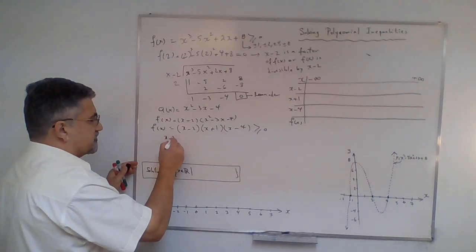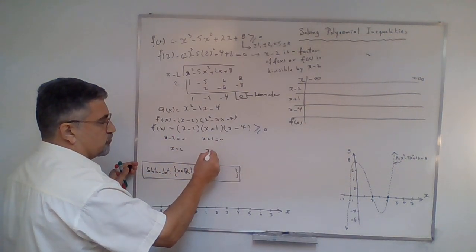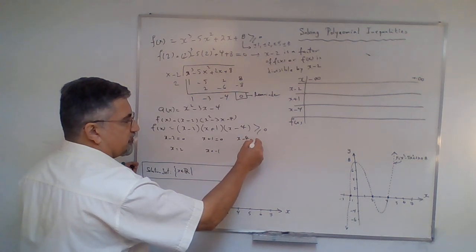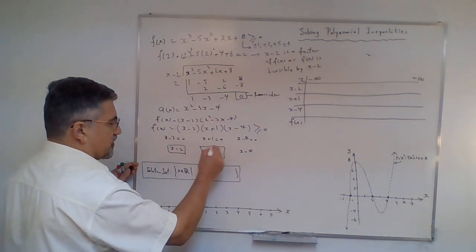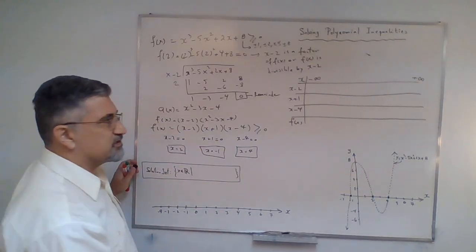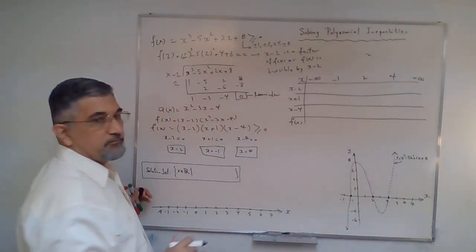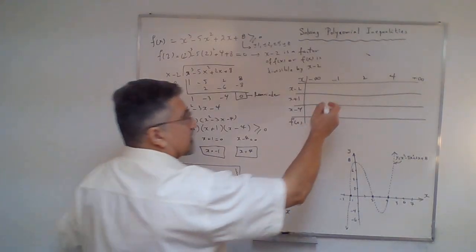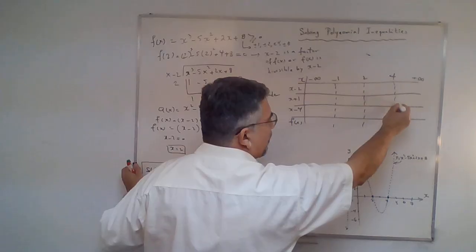If you set each factor equal to 0, you can easily find the root of that factor. So we have 2, negative 1, and 4. From the least to the greatest, we are going to sort them and include them in our chart. So negative 1 goes first, and then 2, and then 4.